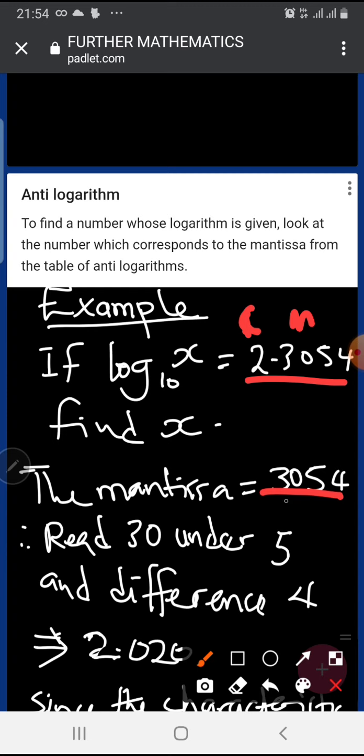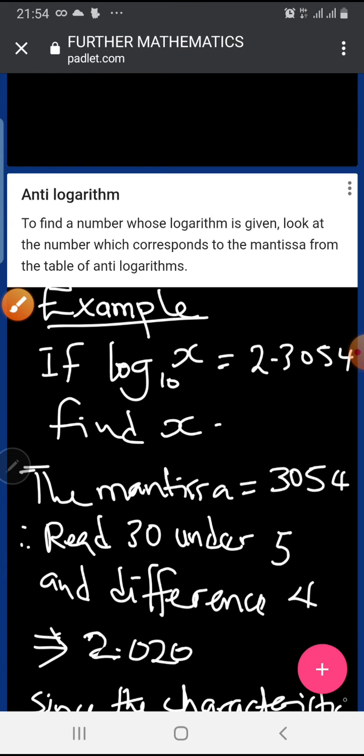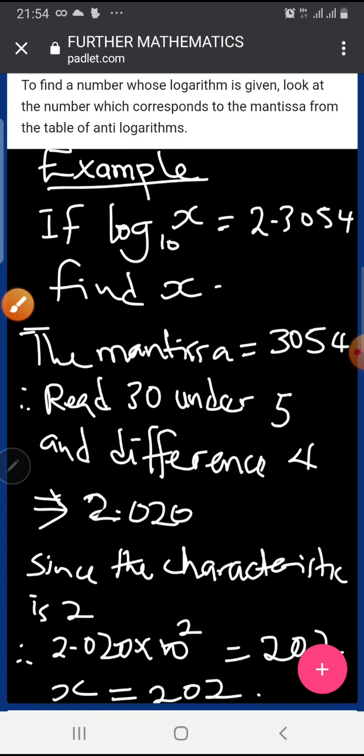When you get 30 under 5, you trace it and then the difference of 4. You add the difference. It will give you 2.020. Whatever answer you get, you write it in standard form, because it is in standard form until you apply the characteristic.